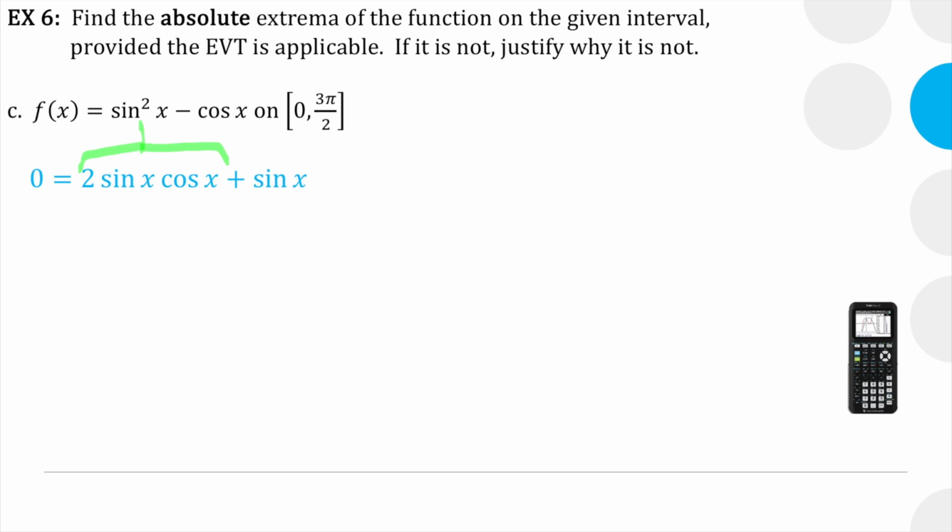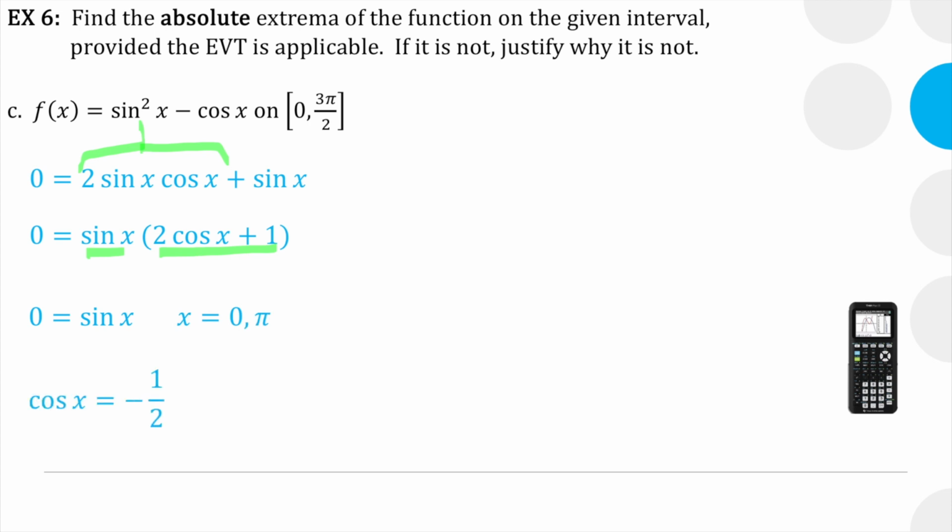Then let's factor out a sine x. And now you can see we'll have a couple different things to set equal to 0. So when sine x equals 0, what angles are those? That would be 0 and pi. And when cosine x equals -1/2, that would be at 2 pi over 3 and 4 pi over 3.